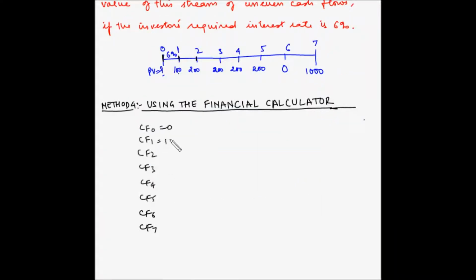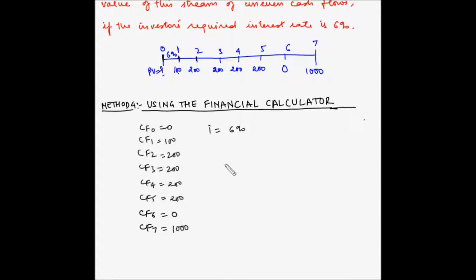CF1 is 100, CF2 is 200, CF3 is 200, CF4 is 200, CF5 is 200, CF6 is 0 and CF7 is 1000. So once we have entered the cash flow amount, then we have to enter the interest rate, which is I, and in our case it is 6%.